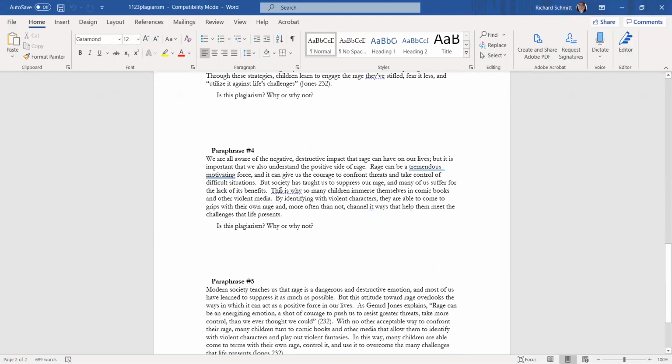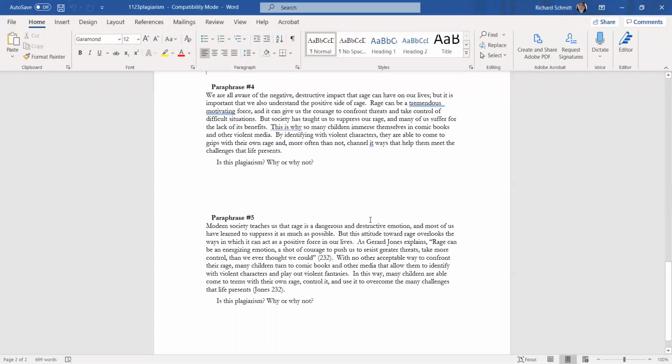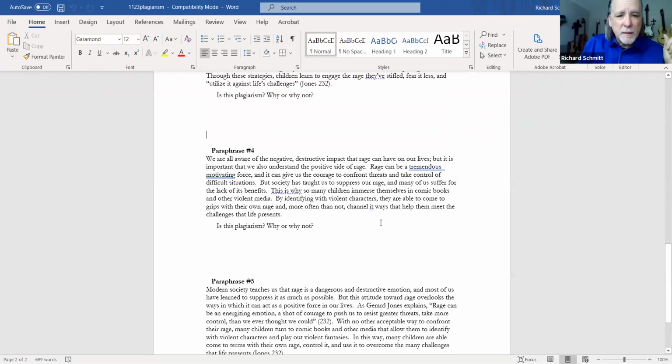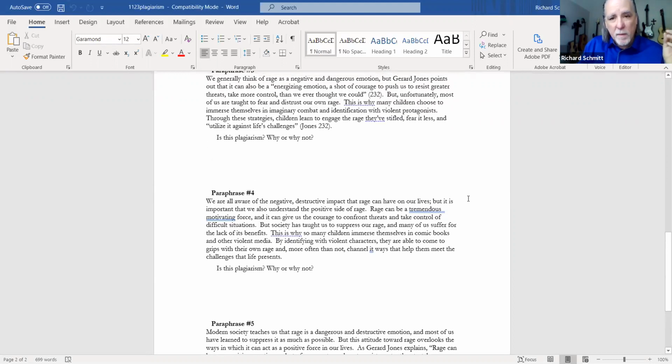Do quotation marks count as citing it? Quotation marks count as part one of citation. So if you're quoting something and you don't tell me who you're quoting, it's probably not as bad as real plagiarism, but it technically is a form because you haven't told me where it came from.